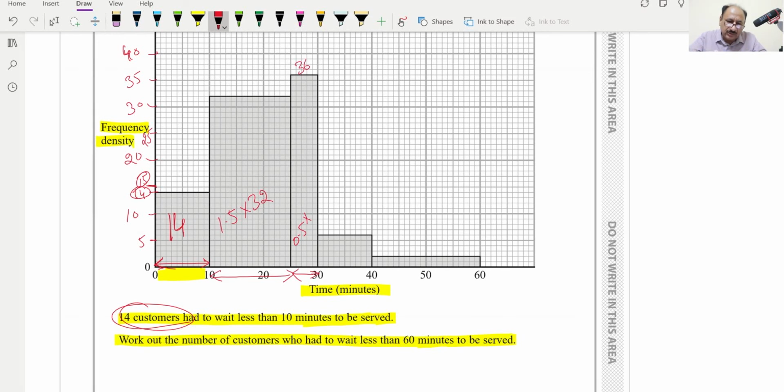This height is 36, this is 32, this is 14. This width is again 10, so 1 will be multiplied by this height, which is 6. And this is again 2, so 2 multiplied by the height, which is also 2. These will be the values which we can find.